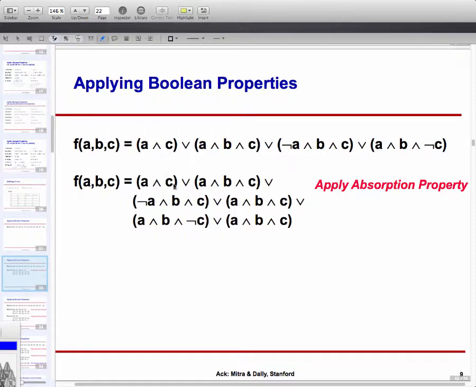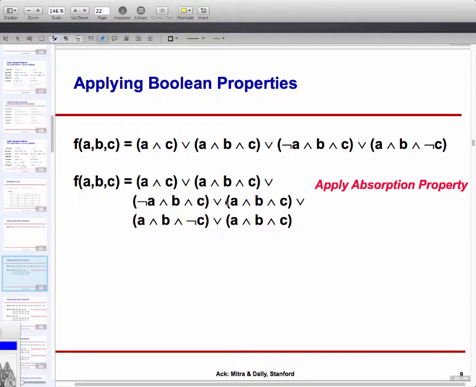We are saying a and c or a and b. So the first two terms are the same as what we had out here. The next term is not a and b and c, or a and b and c.